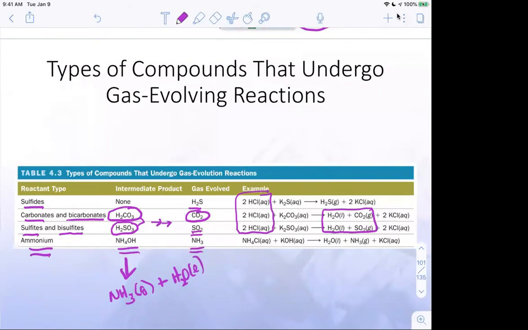So the gas evolved here is ammonia. Again, I do this double displacement and I end up with ammonium hydroxide, which then is going to break down to these guys. And that's the other gas evolving reaction that I'm going to know.